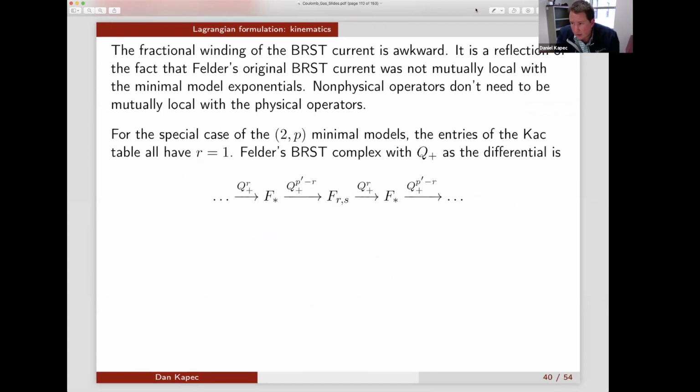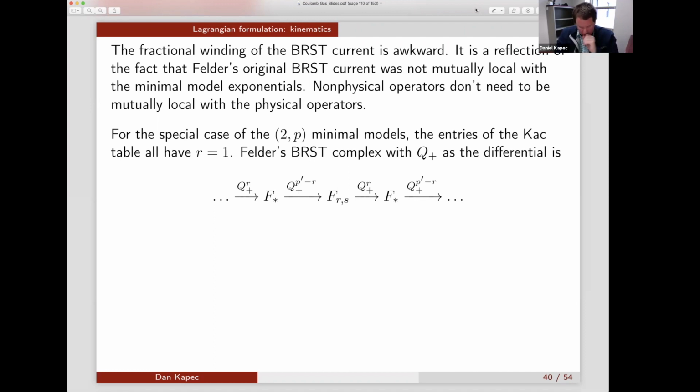Maybe one other thing, since we're discussing this BRST complex, since I skipped over this. The 2,P models are a little bit special for several reasons, as we saw. First of all, they only require 1 marginal deformation, but also for those, since P prime is equal to 2, the R is always equal to 1.